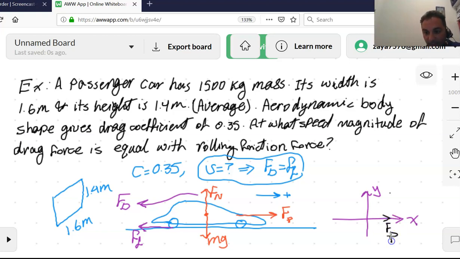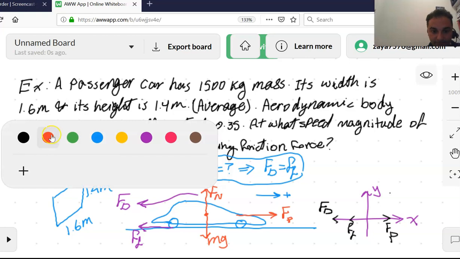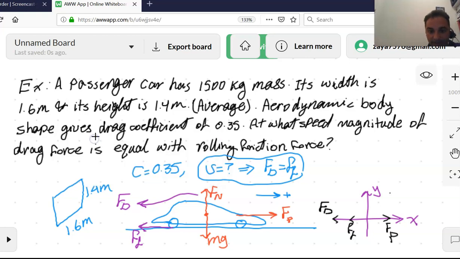So this is called a free body diagram. Then I have also friction force, correct? Then on the x-axis I also have drag force. What do I have on the y-axis? I have Fn, which is upward, and also Mg.